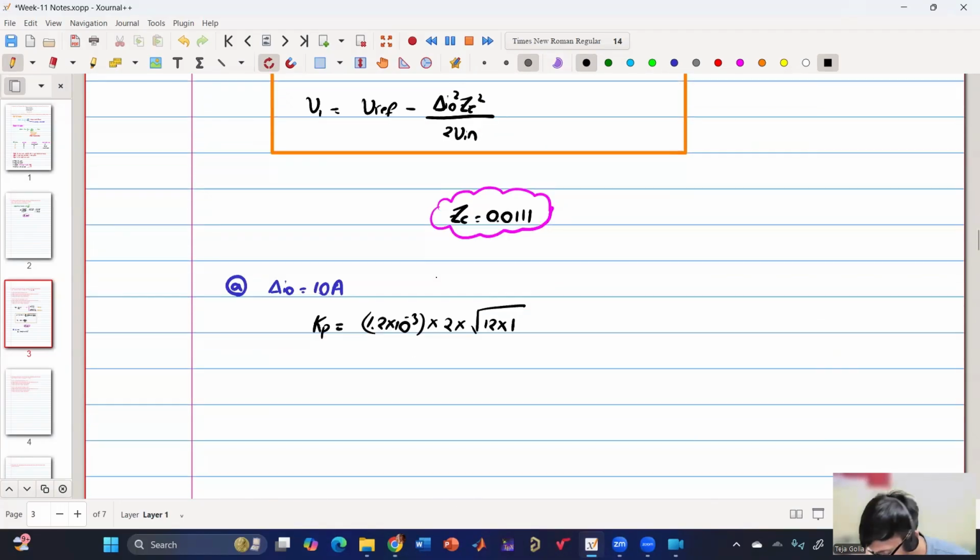L is 150 nanohenry, and delta I naught is 10 amperes. Let me calculate and see how much value we are getting. I'm getting 5.5 into 10 to the power 3, as you have mentioned.